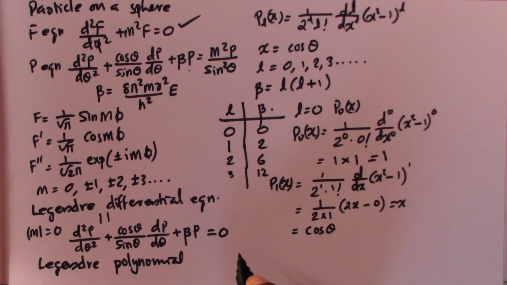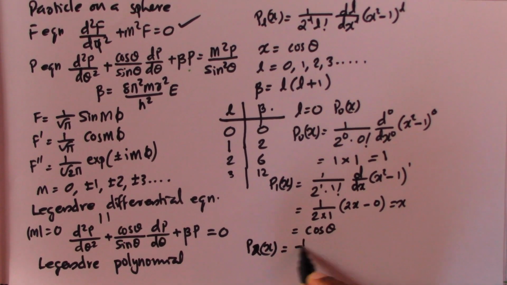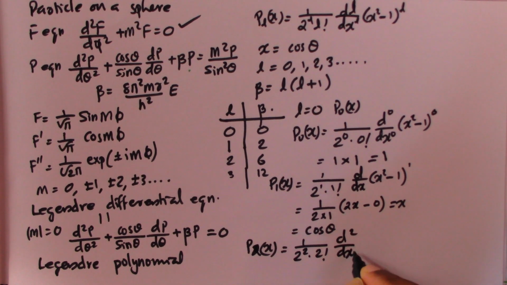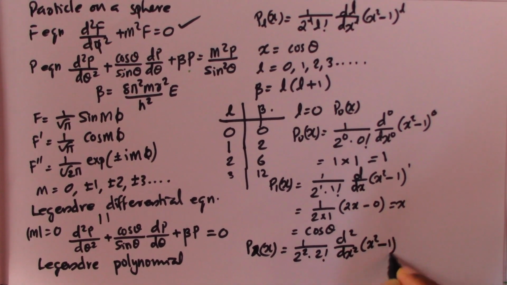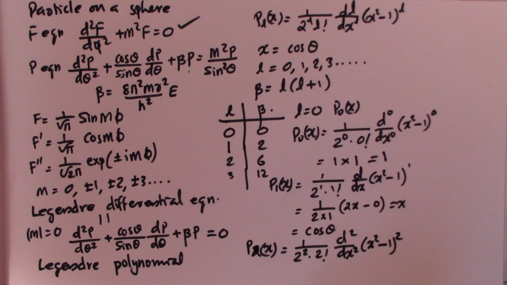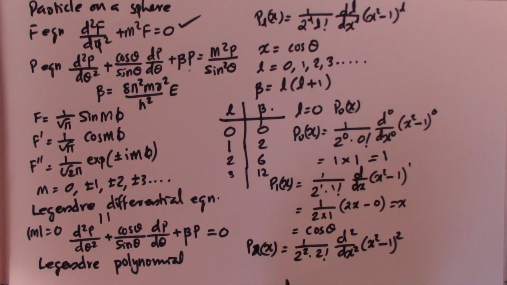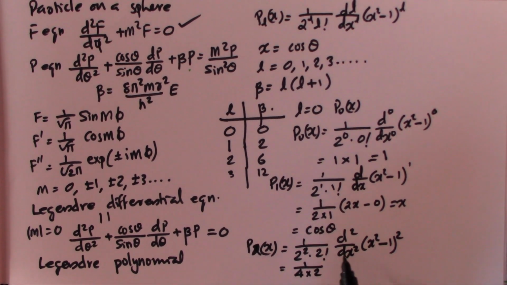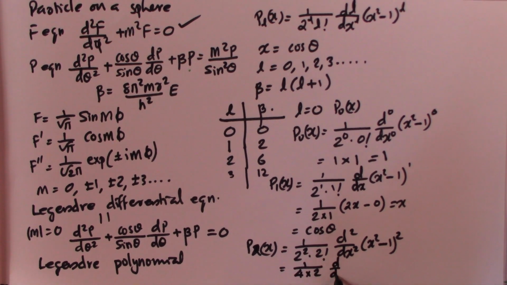So what is P2(x)? P2(x) is equal to 1 divided by 2 raised to 2, 2 factorial, d square divided by dx square of (x square minus 1) the whole square. That is equal to 1 divided by 4 into 2, into d by dx of the first derivative of this.